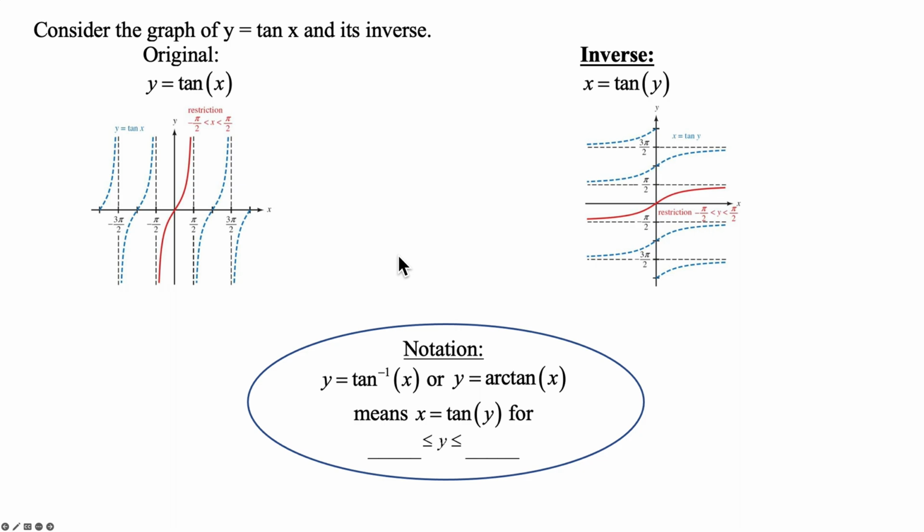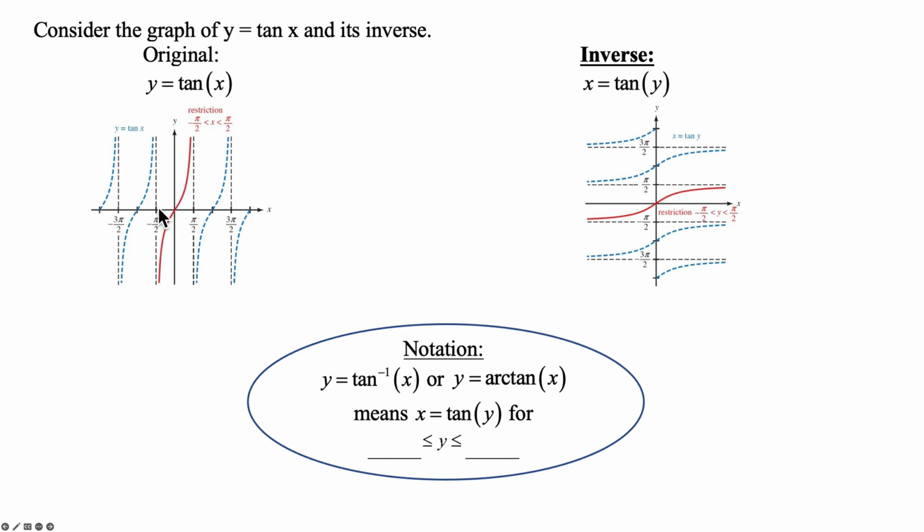All right, inverse for tangent. Now here's where you can see what I was talking about, the difference between an inverse equation and an inverse function. This is y equals tangent of x. This is a function. It's not one-to-one unless we restrict our domain to our first pair of asymptotes.